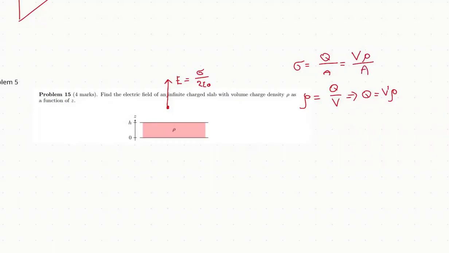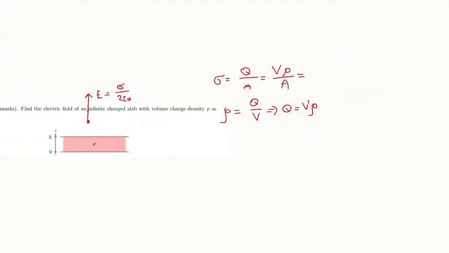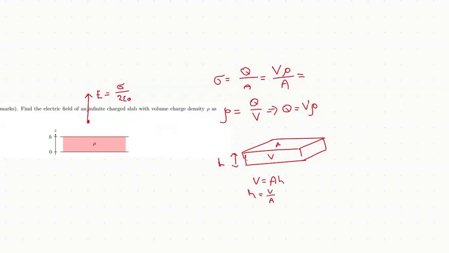What's the volume divided by area for a slab? Anyone? What would happen if you take the volume divided by the area? Make sense?